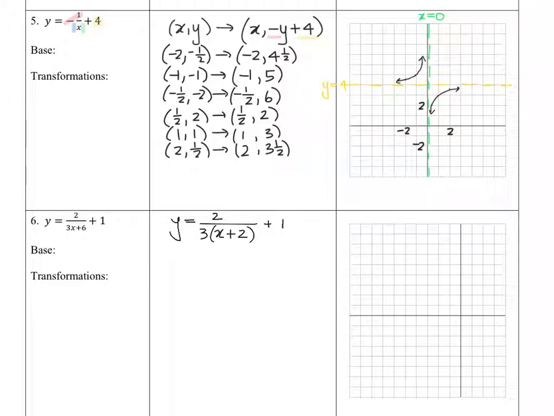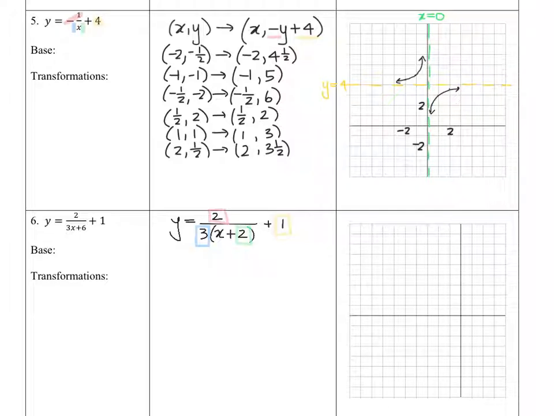So here's our a value. Actually, sorry, I'll just box around. Here's our a value of 2. Here's our b value of 3. Here's the d value of -2. And then here's the c value of +1. Okay. Because our rational functions are always in the form a over b, x minus d plus c.